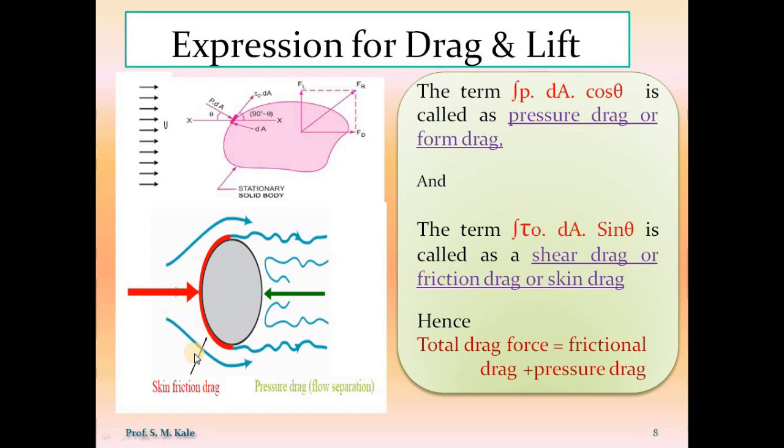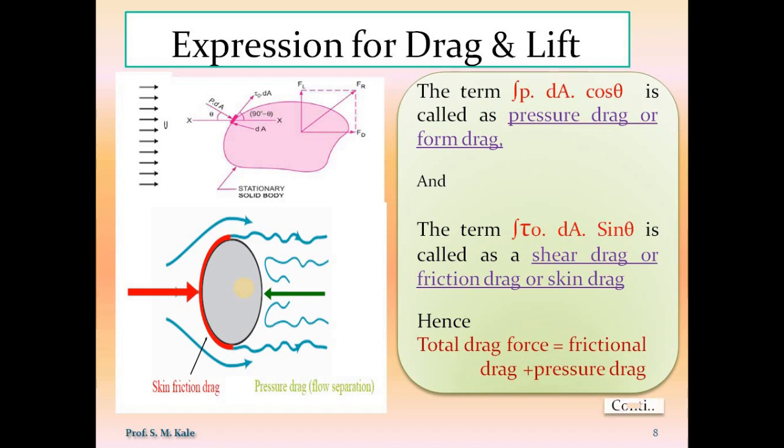This red color is called skin drag, shear drag or friction drag. Hence the total drag force acting on a submerged body is nothing but the summation of friction drag plus pressure drag. So this is the total drag force acting on the entire body.